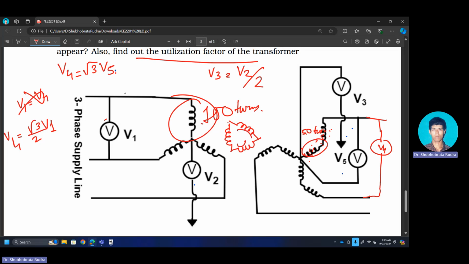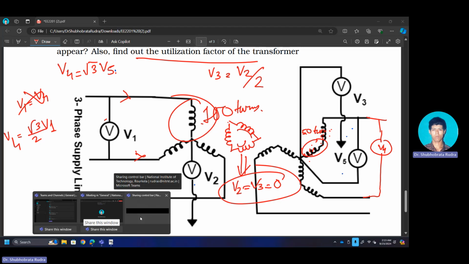So both your V2 as well as your V3 will become zero, because due to flow of third harmonic current, the third harmonic voltage component will be eliminated. So that's it. I hope this will help you in solving the problem.